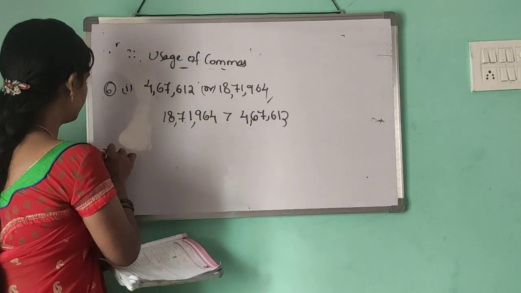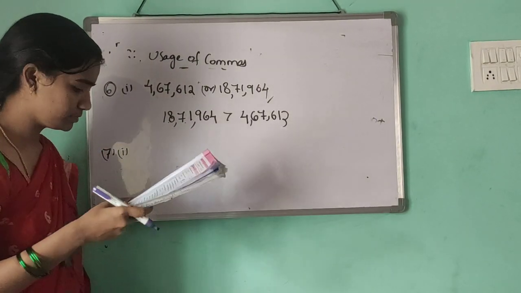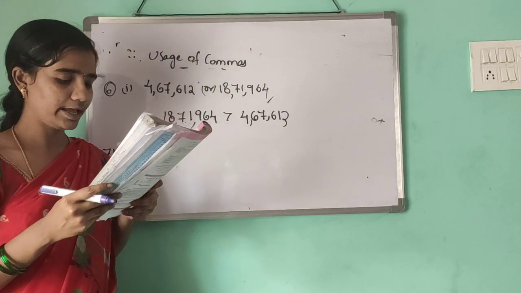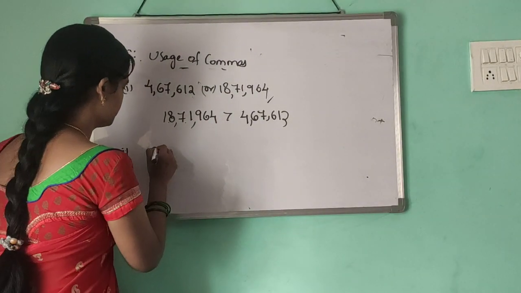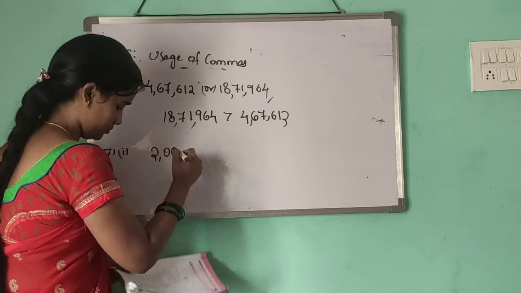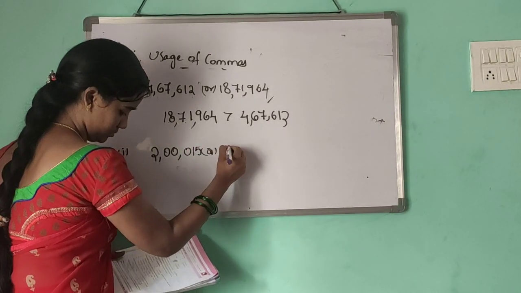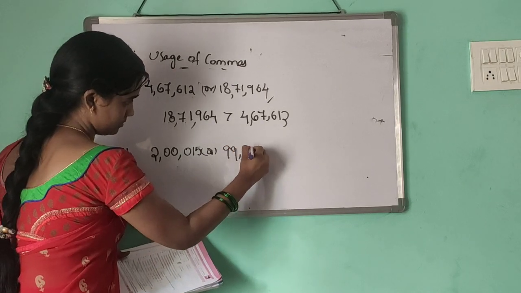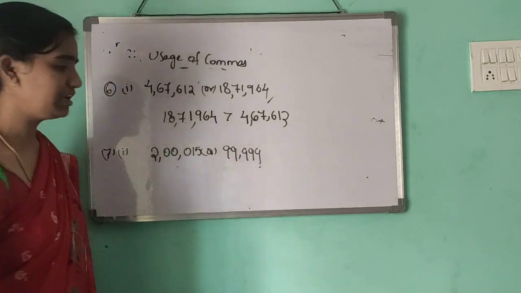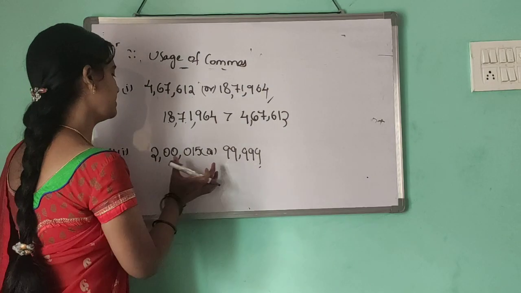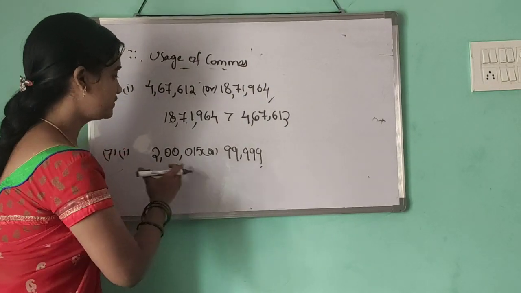Seventh, first bit. Which is the smaller among these two? Here you can observe clearly. Here 5 digits are there, here 6 digits are there.